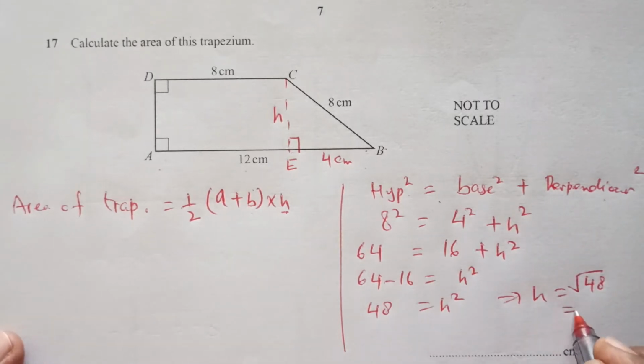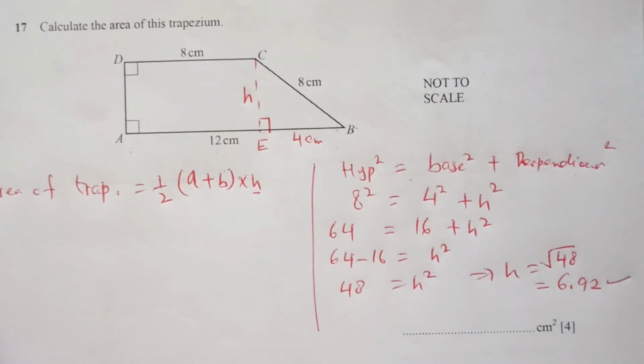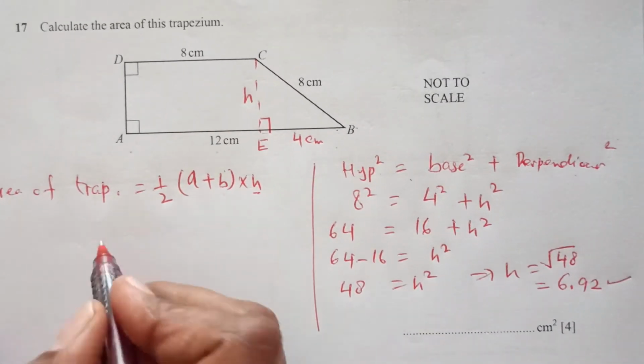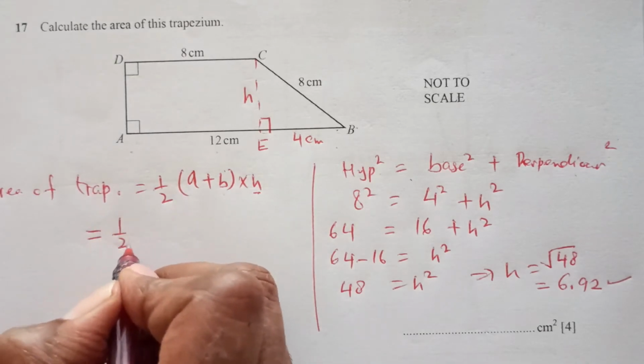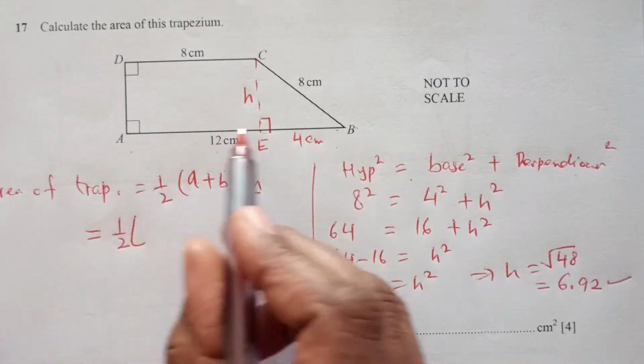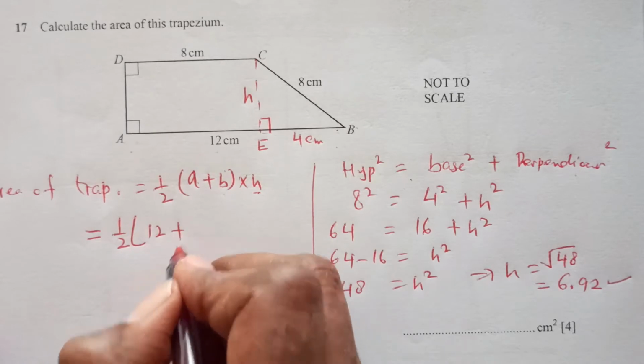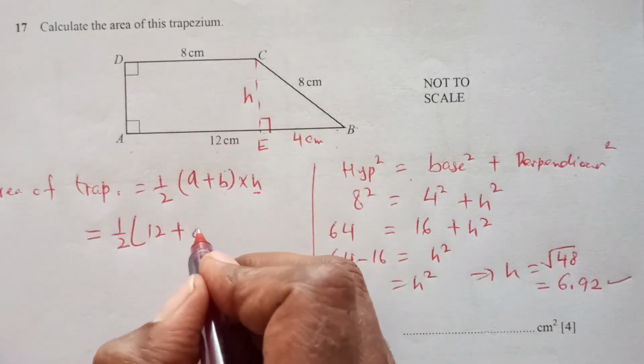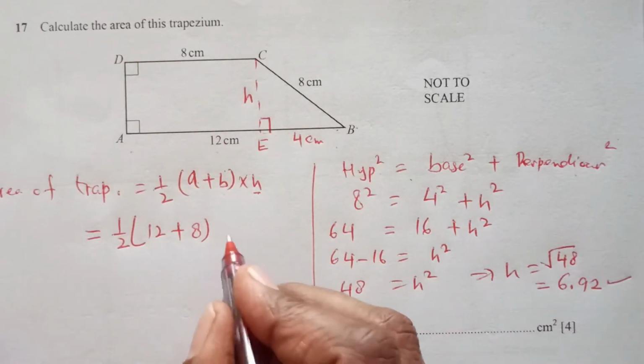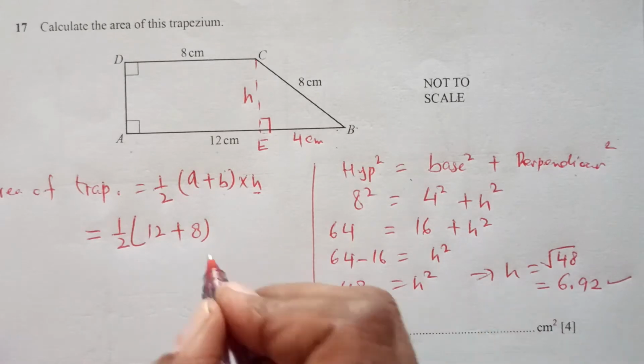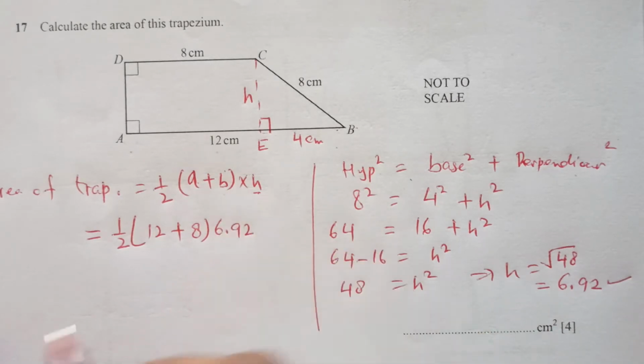So you can use calculator. This value comes out to be 6.92. Now we can use this value of H to find out the area. So this is half A, A is 12 centimeters, then B is 8 and height we just calculated, which is 6.92.